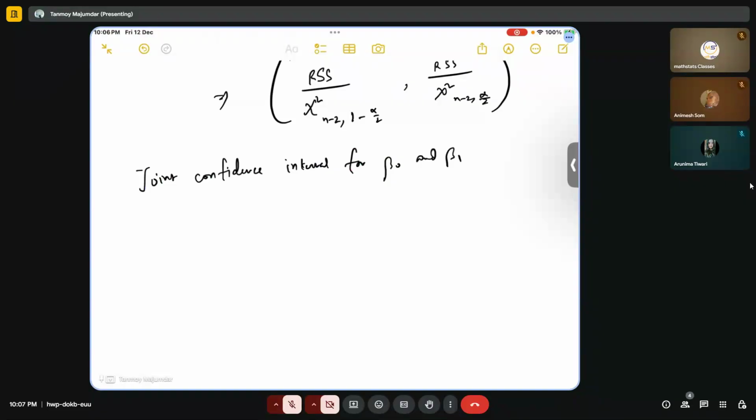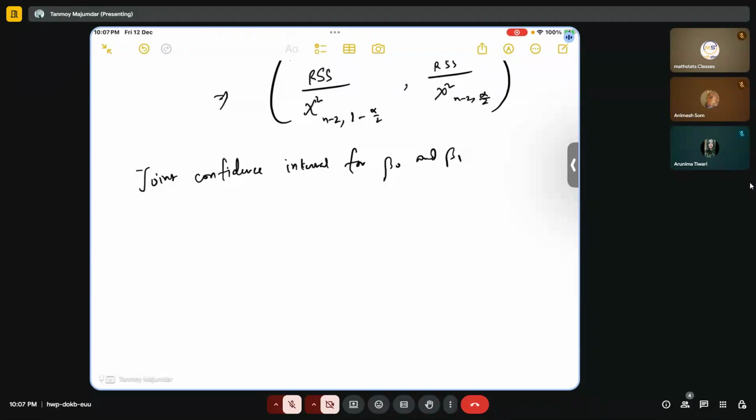So far we have seen both things: there was a confidence interval for b naught, and a confidence interval for beta 1. So if we consider both things together, in that case we will have a joint confidence interval in an elliptical region.